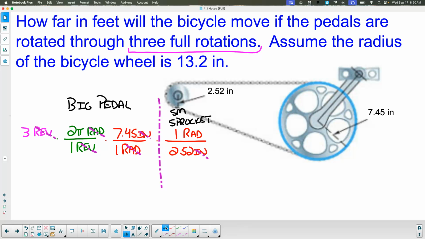So the rotation of the sprocket is the same as the rotation of the wheel. See that? Okay? So that means I have the angular speed of this, or the amount of angles that the sprocket went through, but I also have now the angles of the wheel.